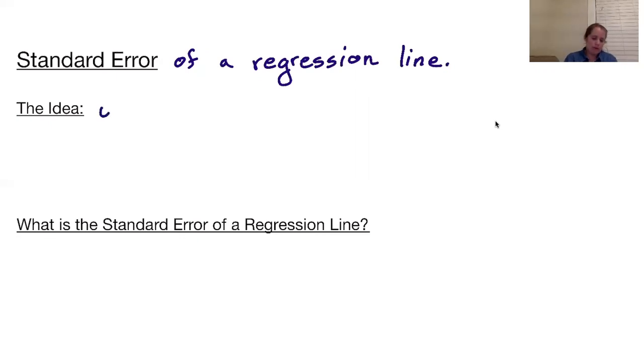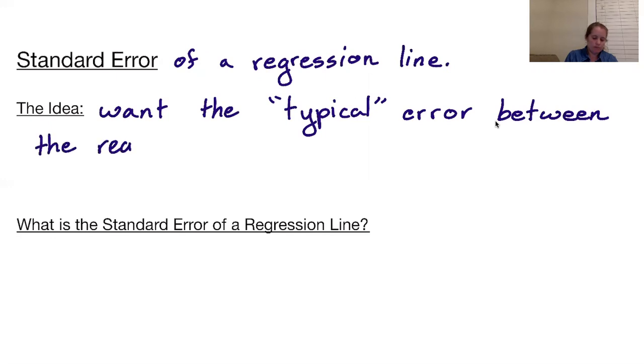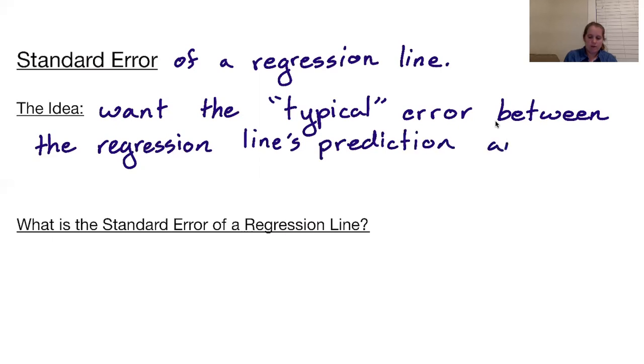So we want the typical error between the regression line's prediction and what actually happened.